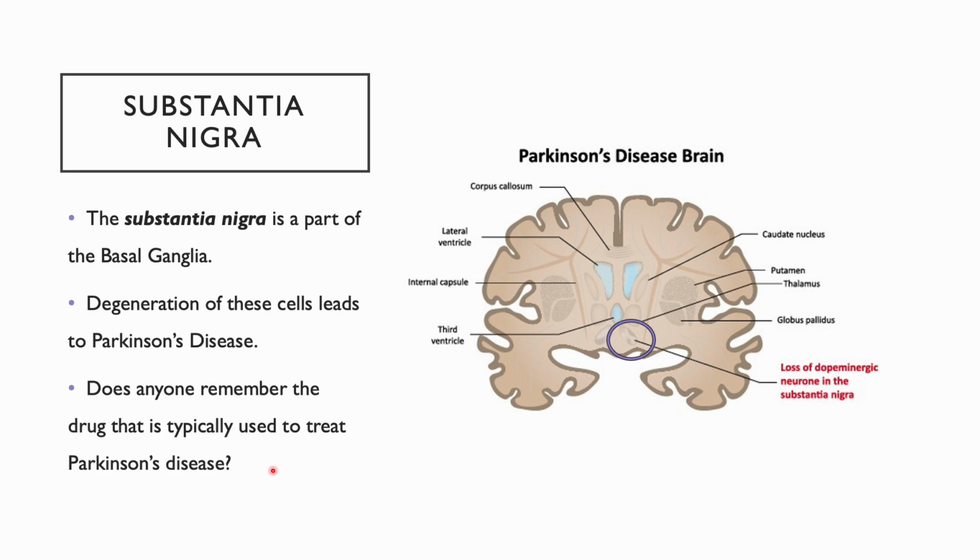Does anyone remember the drug that is typically used to treat Parkinson's disease? We talked about this when we discussed neurotransmitter synthesis. If you remember, the precursor for dopamine is called L-DOPA. L-DOPA is a drug that's given to Parkinson's patients to help increase the production of dopamine levels due to this loss of dopamine-producing neurons in the substantia nigra. Overall, it's important to know that the basal ganglia plays a crucial role in voluntary motor movement.